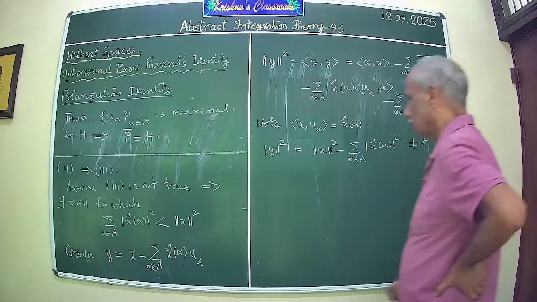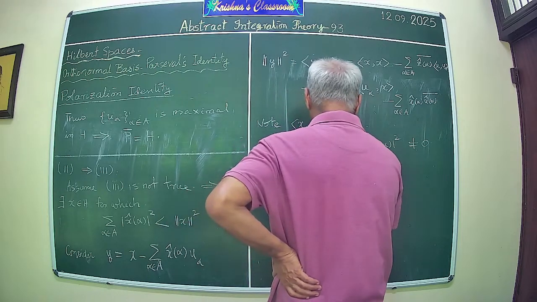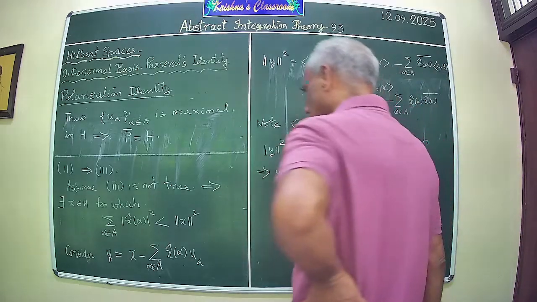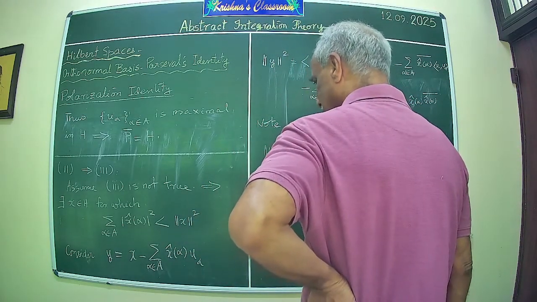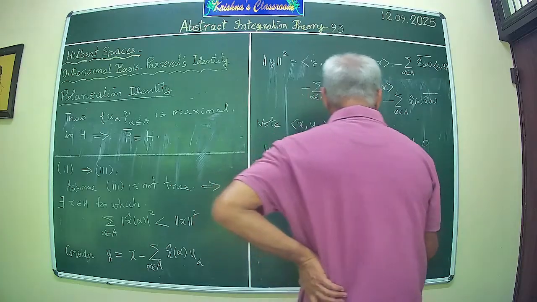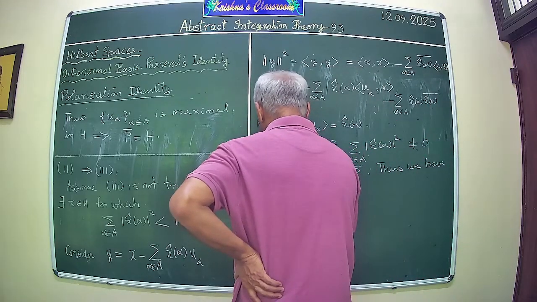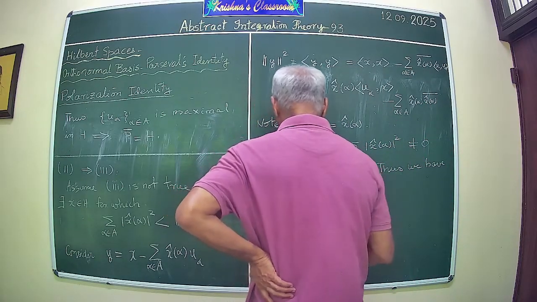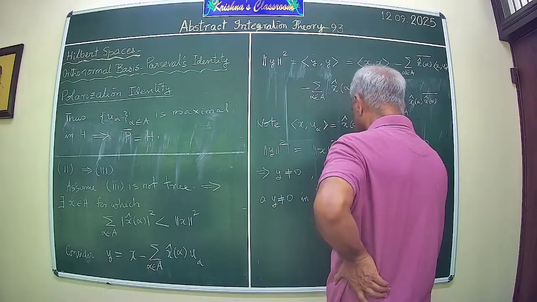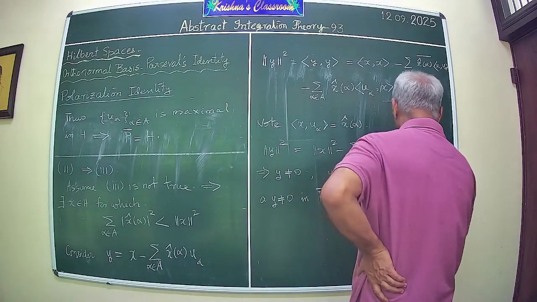So y is not equal to 0, and y belongs to P closure. This you can verify easily.